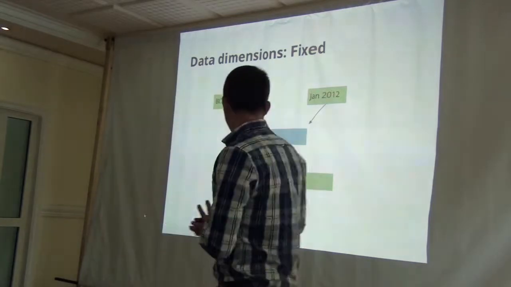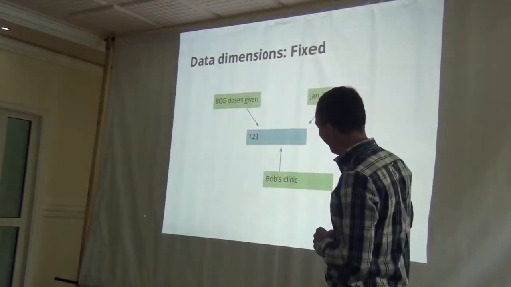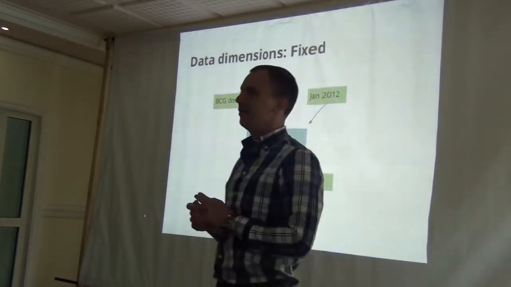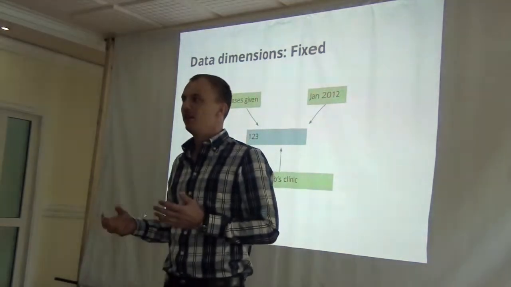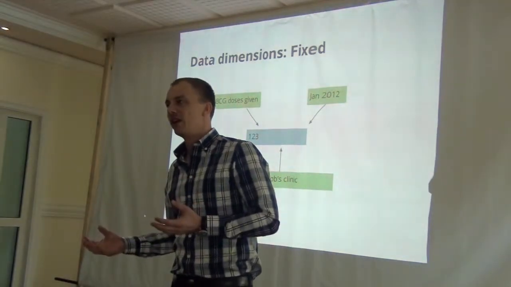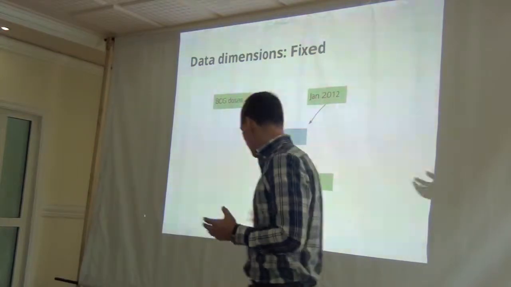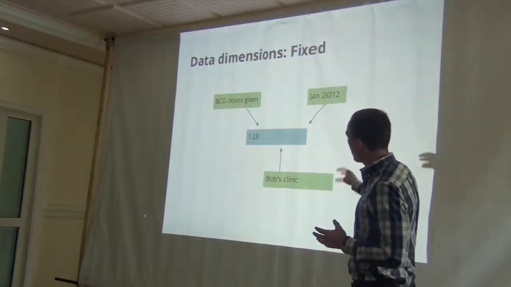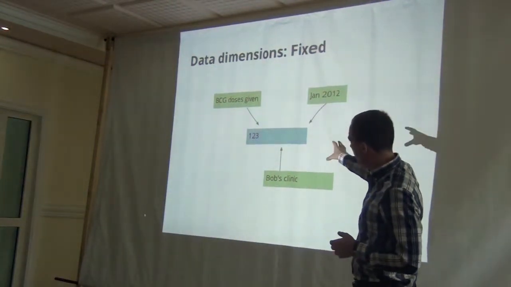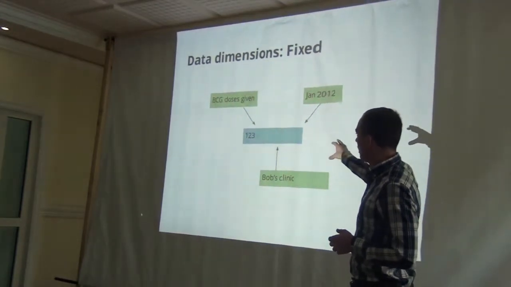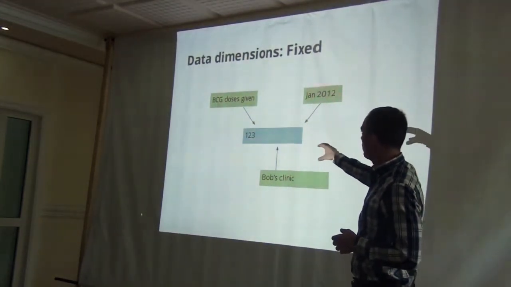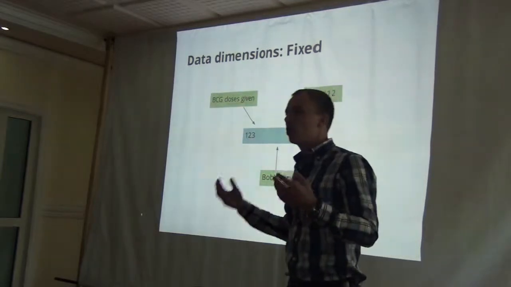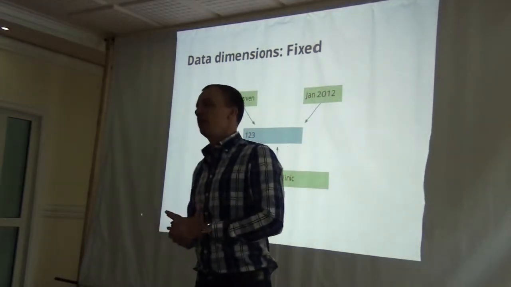And we know that at Bob's clinic, these doses were actually given. That is the organisation unit dimension of the data. So I hope you get my point now that we have different kinds of dimensions describing the data. This now tells us that at Bob's clinic, 123 people were given BCG doses in January 2012. So now we have some more context and meaning to the data.